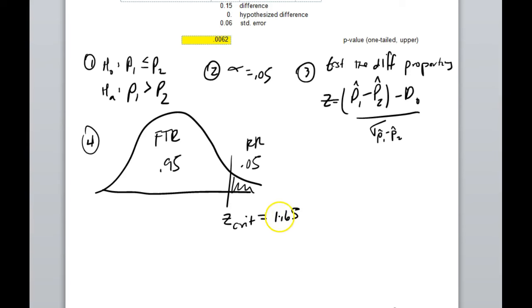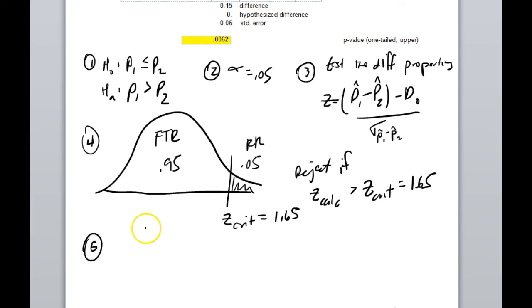We would have 10% of the probability on the outside of the confidence interval. We just have 5% on one side now, and we're just working with a one-sided test. So then this would be reject if Z calc is greater than Z crit, and that's 1.65.